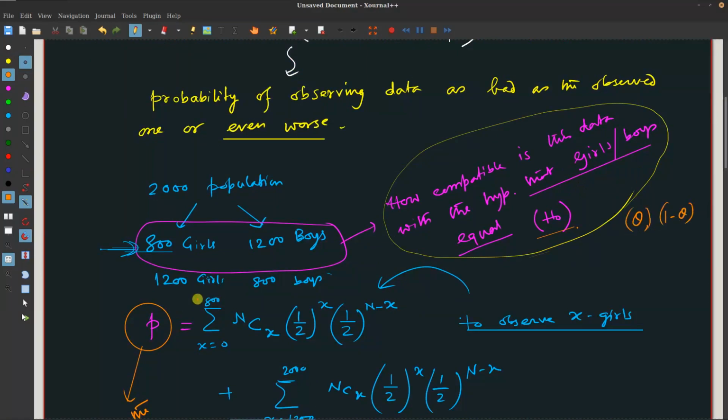Now, given this data, what is the most probable value of theta? That's an entirely different kind of problem. Do you understand my point here?